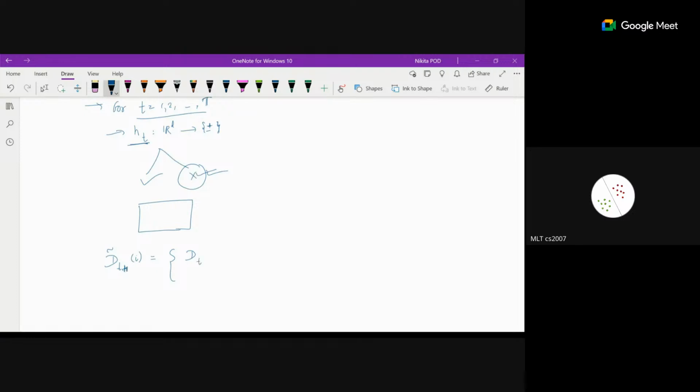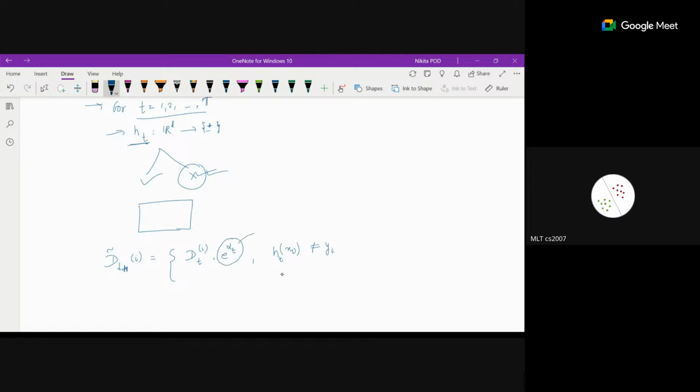This is D_t(i) times e to the power alpha_t if your h_t(x_i) is not equal to y_i. So if your classifier does not correctly classify your data point, then you multiply that data point by this term, e to the power alpha_t.